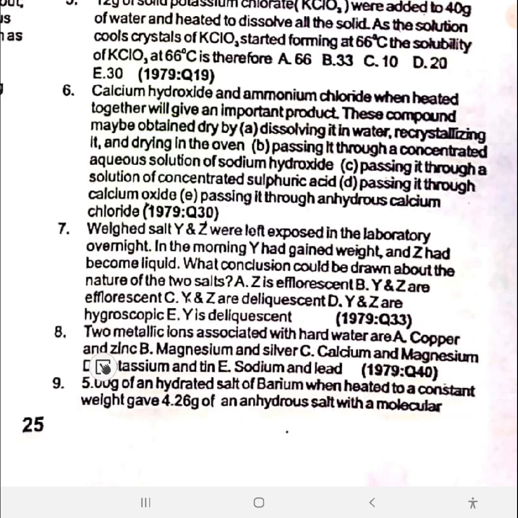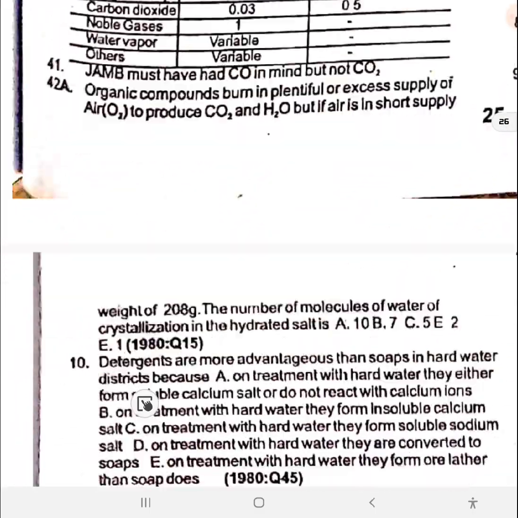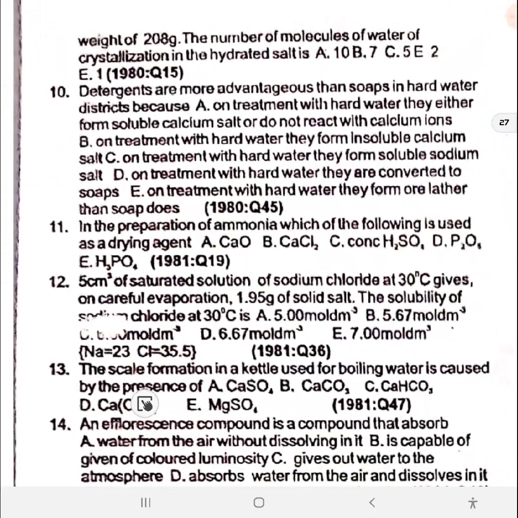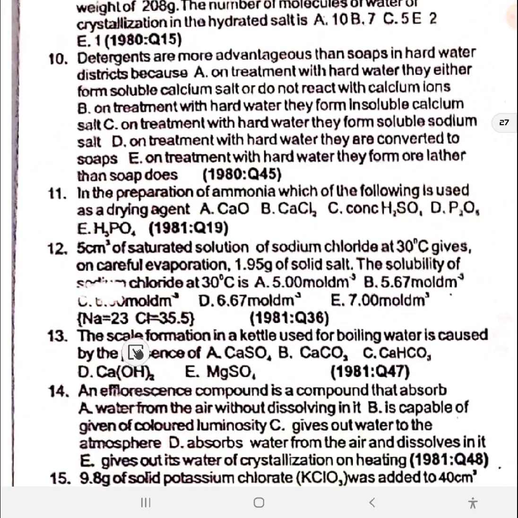So number 8 is option C, calcium and magnesium. Number 9 is a calculation question. 10. Detergents are more advantageous than soaps in hard water because, option A, on treatment with hard water, they either form soluble calcium salt or do not react with calcium ions at all. 10 is A.